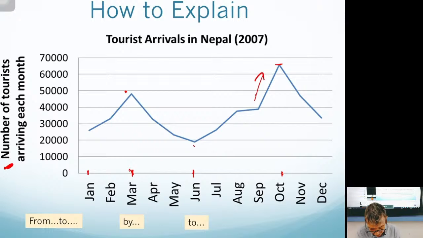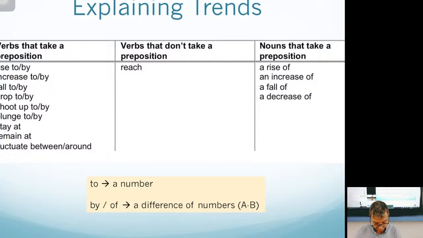So to a certain value, 65,000, and then remain at. So we're looking at something that is horizontal, close to it. So you could say from August to September, the number of tourists remained at approximately 40,000, roughly 40,000. Okay.